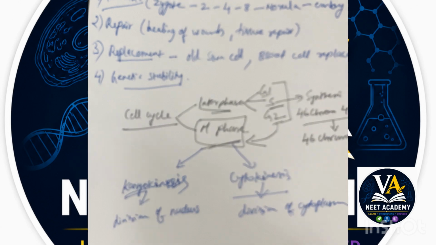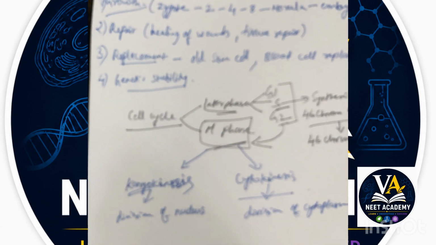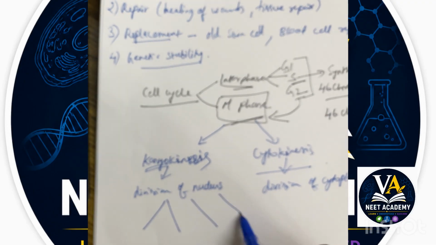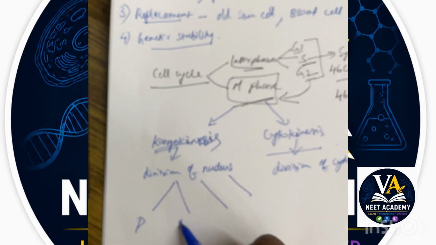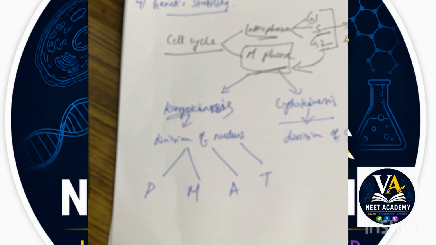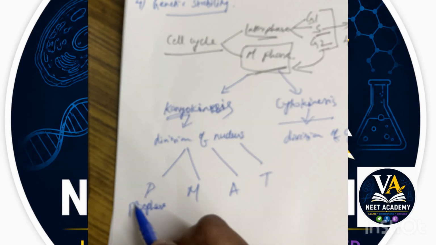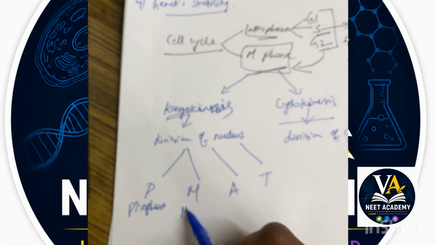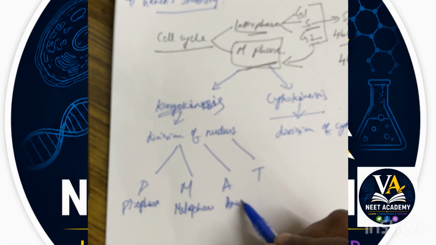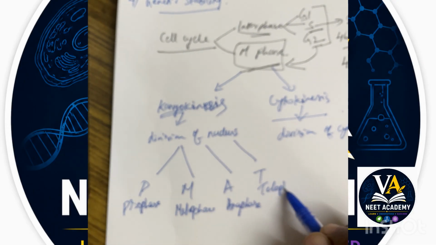So M phase consists of two events, karyokinesis and cytokinesis. Now this karyokinesis in turn is divided into four stages: P, M, A and T. P is prophase, M is metaphase, A is anaphase and T is telophase.